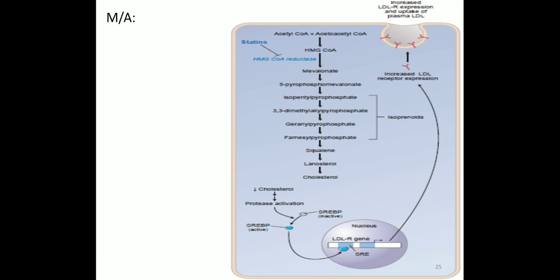Now when the formation of cholesterol is decreased, the body senses that there is decreased cholesterol, and in the liver there is the LDL receptor, as we have seen in the previous diagram, that LDL is absorbed in the liver by the LDL receptor. Now the body is sensing decreased cholesterol, so there is a compensatory mechanism and LDL receptors on the liver will be increased.